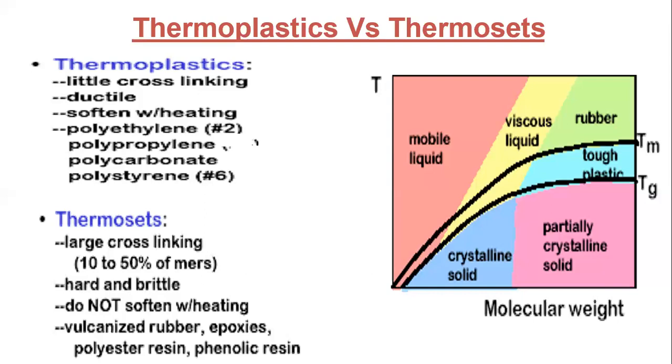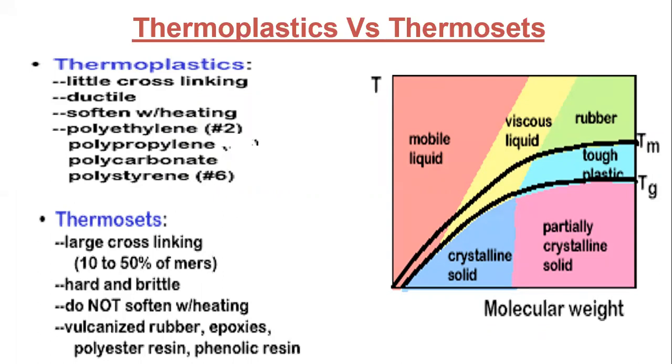Last one is the examples: vulcanized rubber, which comes from the process of vulcanization, and the epoxies, polyester resins, and last one is the phenolic resins. So these are all the best examples for the thermosetting plastics.